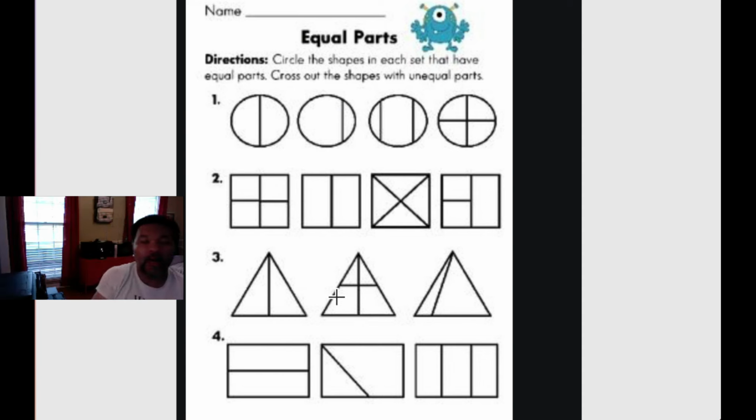Yeah, that stands out too. What do you notice? This is not even a triangle. If you look here, this is not a triangle in this section. Now, these two sections are the same shape, same size. These two sections are the same shape, same size. Well, why isn't it equal parts? Because all of the sections in the shape have to be the same shape, same size.